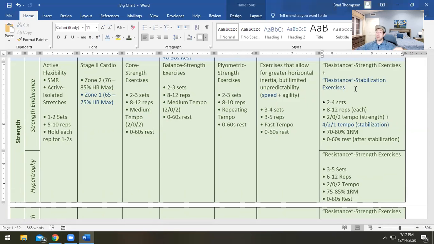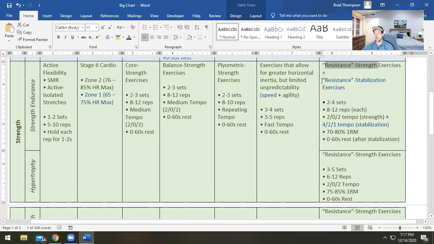So I would do maybe a bench press, which is a chest strength exercise, and I would pair it with a stability ball chest press, which is a chest stabilization exercise. Or I would do a barbell squat, which is a leg strength exercise, and I would pair that with, actually probably not single leg, like a Bosu ball kettlebell squat, which would be a stabilization exercise. And I would take no rest in between movement A and movement B.